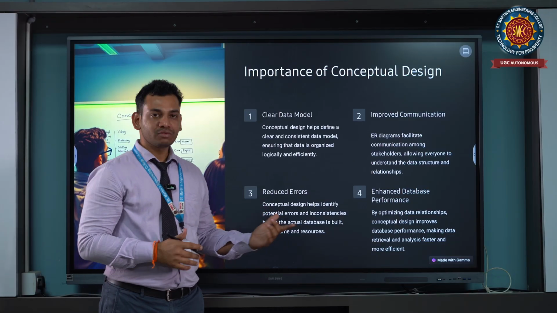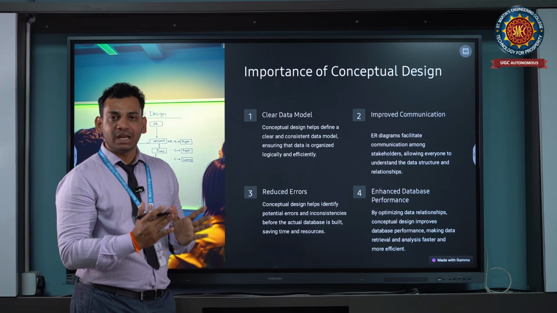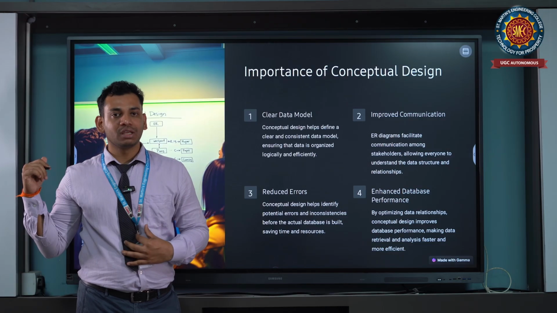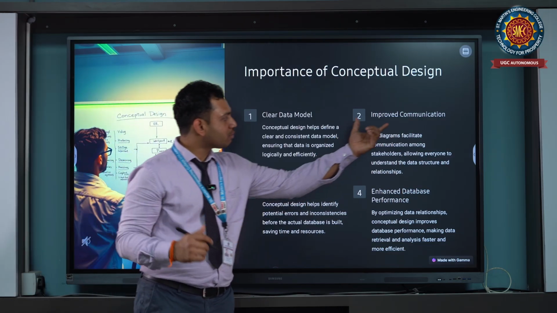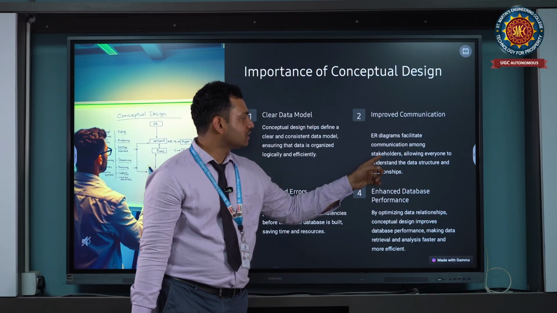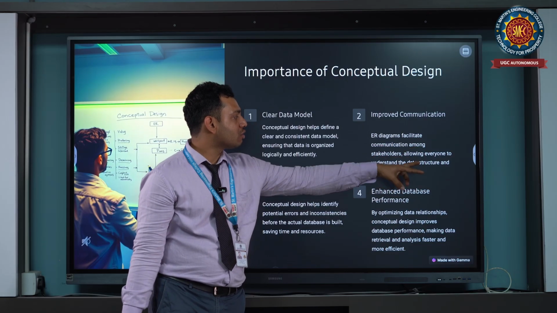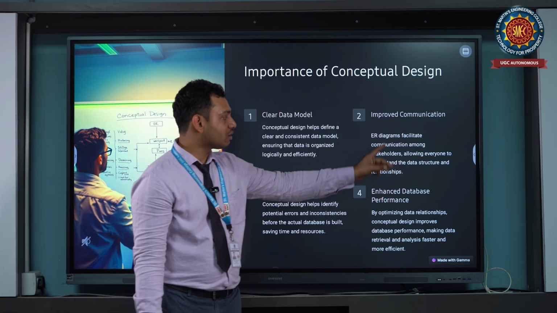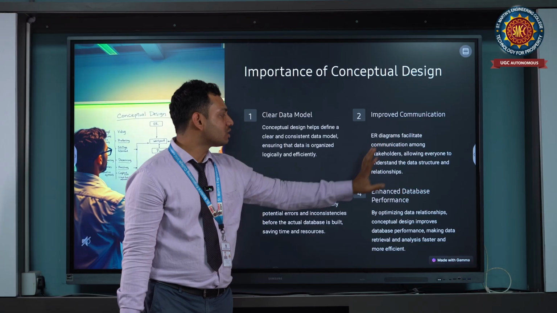So for that purpose we need to trim the data, we need to cut the data down to whatever is required by the particular event coordinators. For that we provide a small amount of data. So the ER diagram facilitates communication among the stakeholders, allowing everyone to understand the data structure and relationships. So these are the things we do for communication purposes.